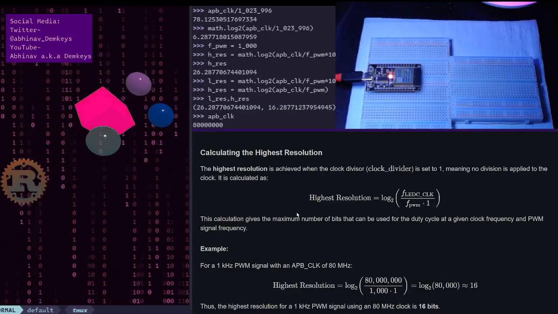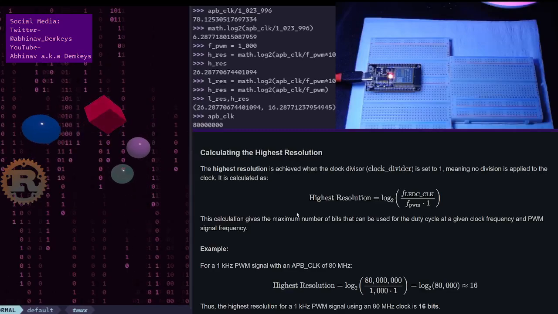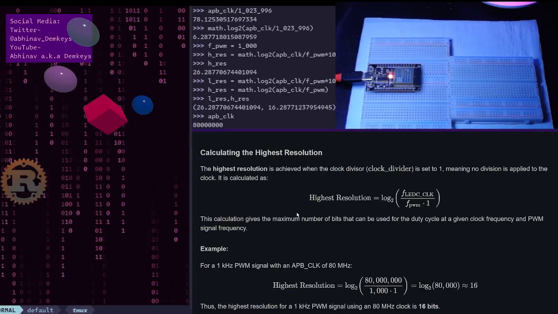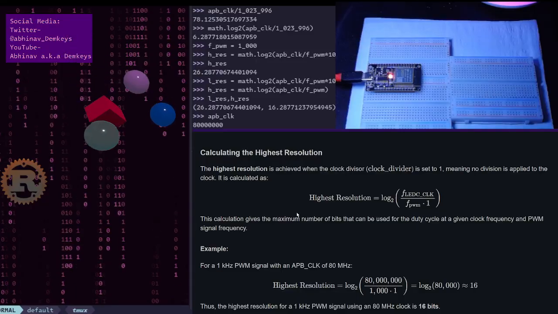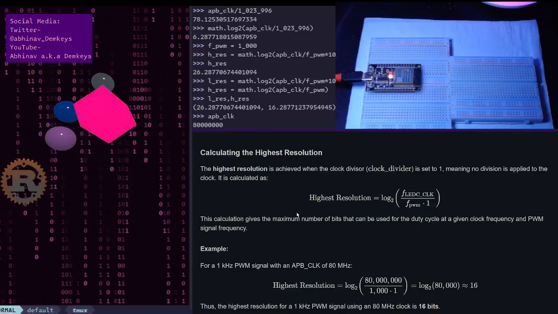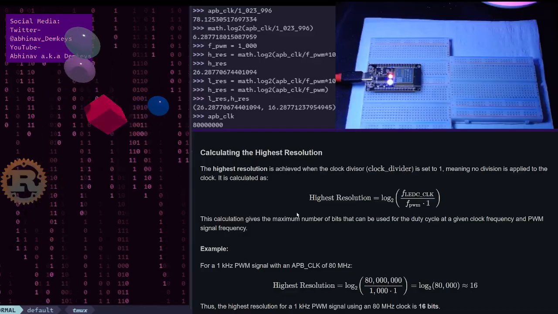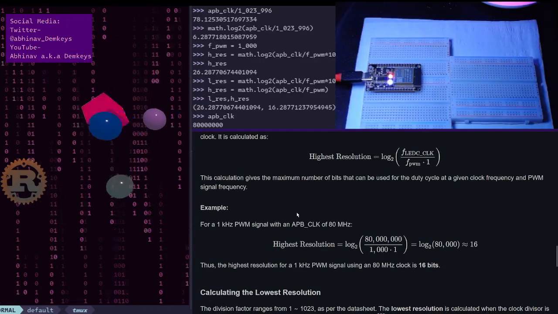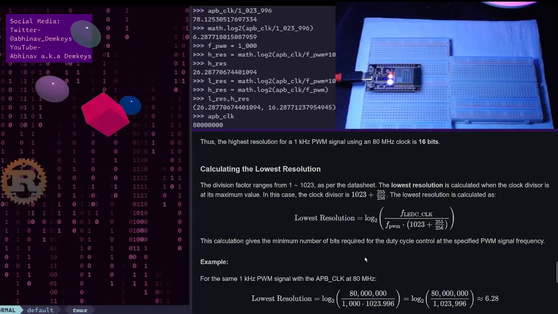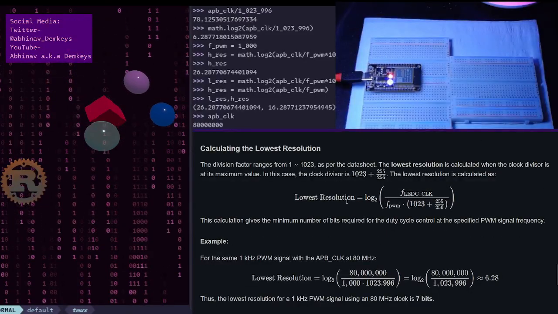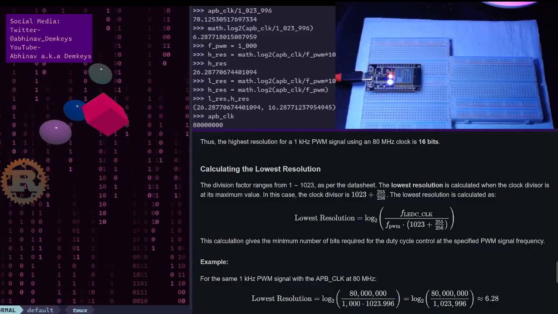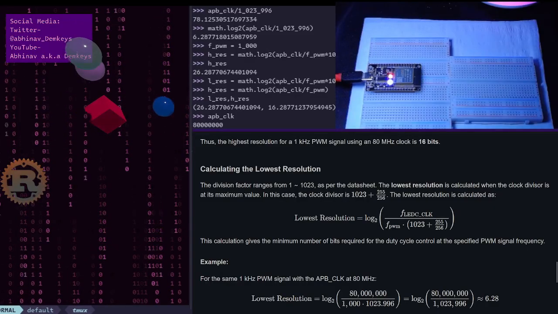Okay, APB clock is set to 80 million. So then our highest resolution calculation is fine. It's correct, right? Now, what exactly went wrong here?